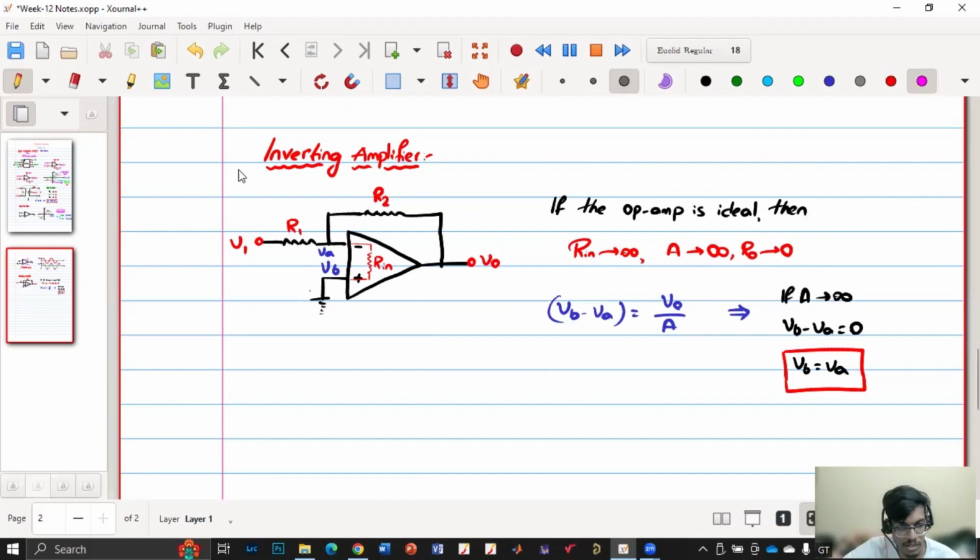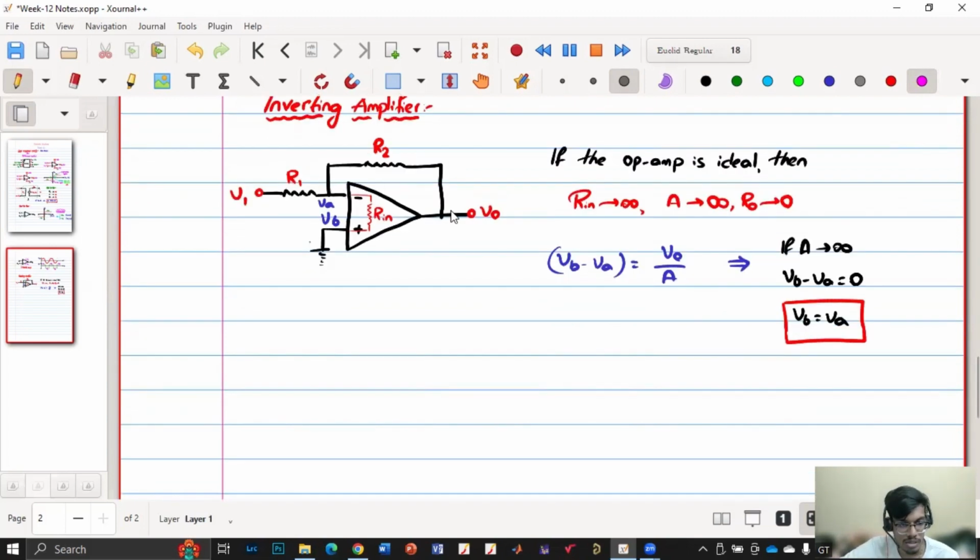And this is one very important aspect. This is called negative feedback because a resistor is connected in between output and the negative terminal.